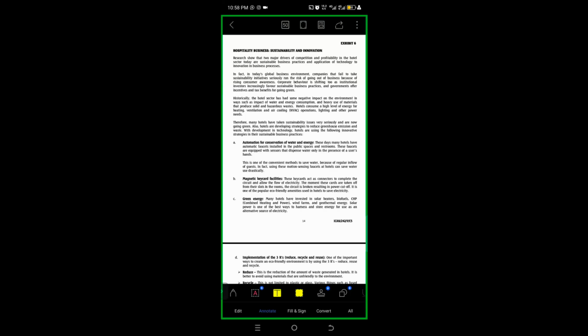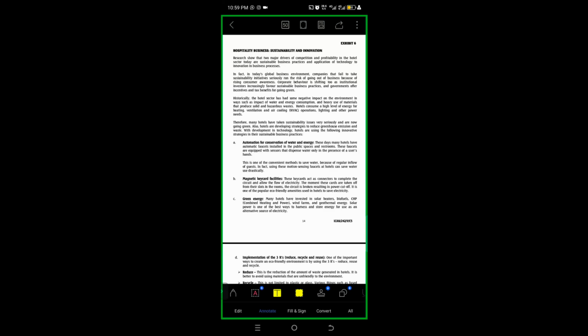Hotels consume a high level of energy for heating, ventilation, and air cooling operations, lighting, and other power needs. Therefore, many hotels have taken sustainability issues very seriously. Also, hotels are developing strategies to reduce greenhouse emissions and waste. With developments in technology, hotels are using the following innovative strategies in their sustainable business practices. A, automation for conservation of water and energy.